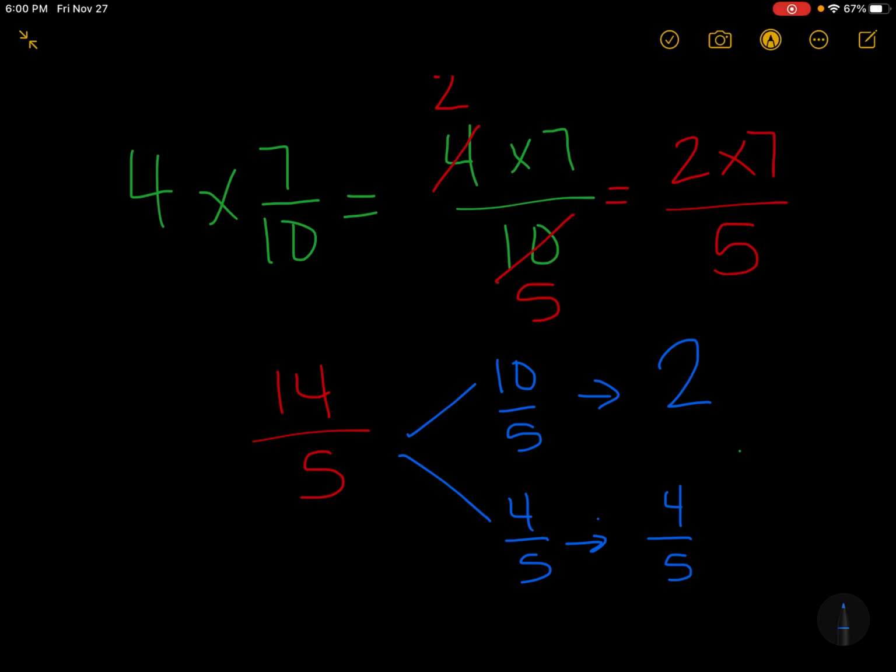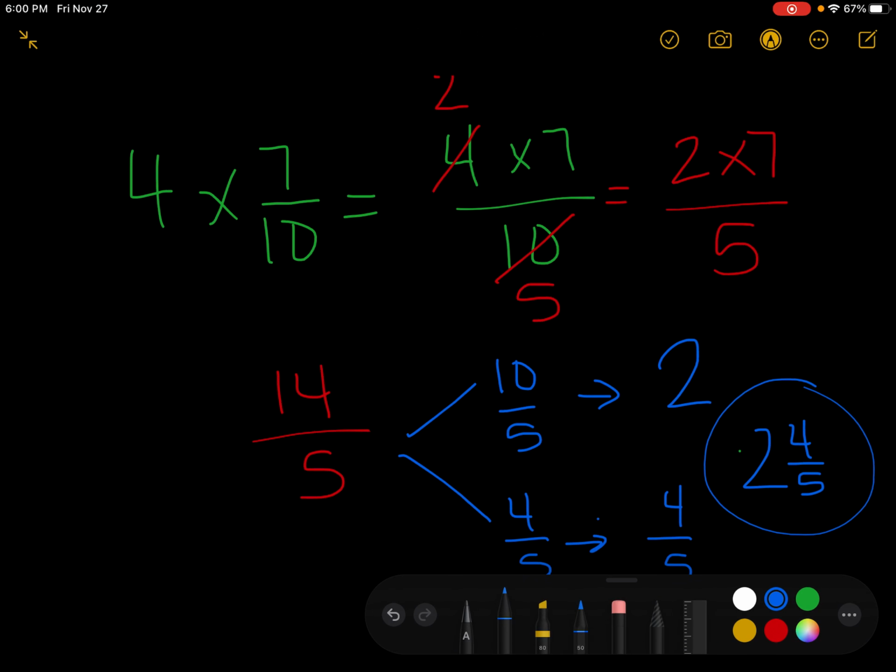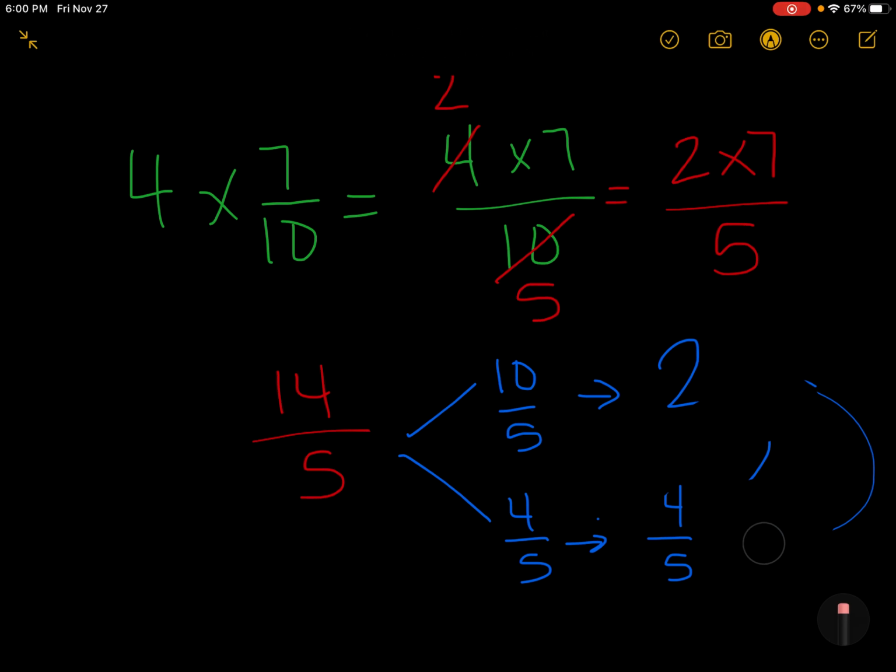If I put them together, I end up with 2 and 4/5 as my final answer. Now, there is another way to do this, and it's quite similar to what we just did.